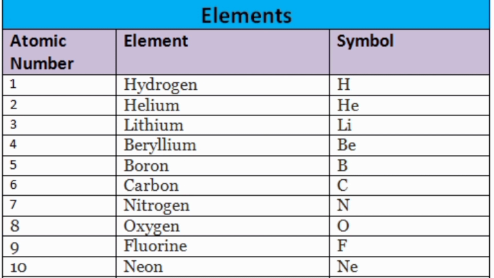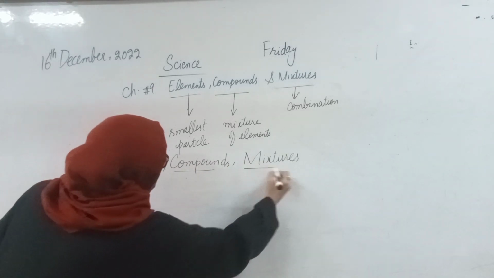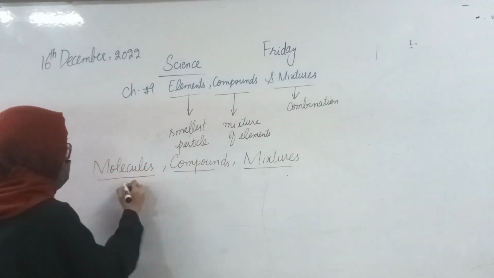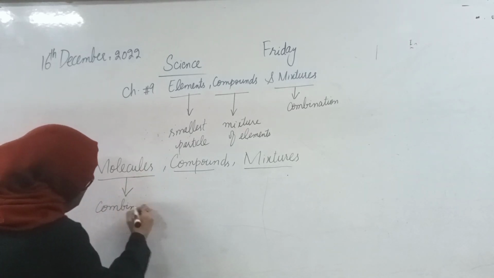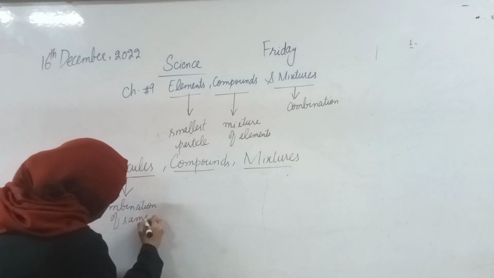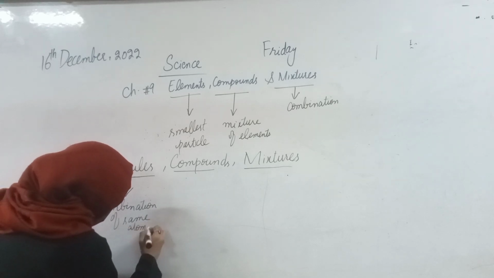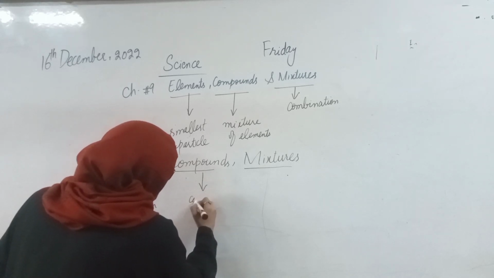Now you can look at this picture. Is it understood by you all? Great. Molecules, compounds and mixtures. Molecules are formed by the combination of same atoms, and compounds are the combination of different atoms.